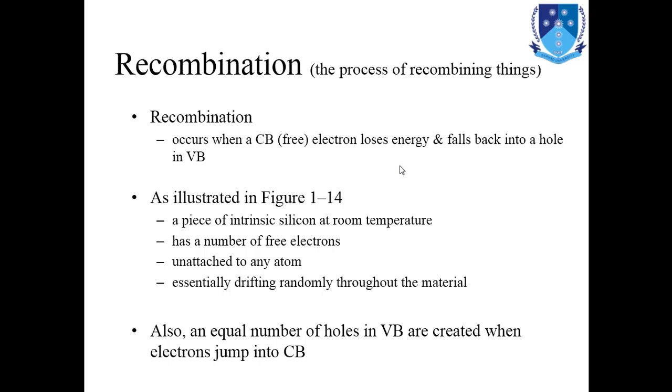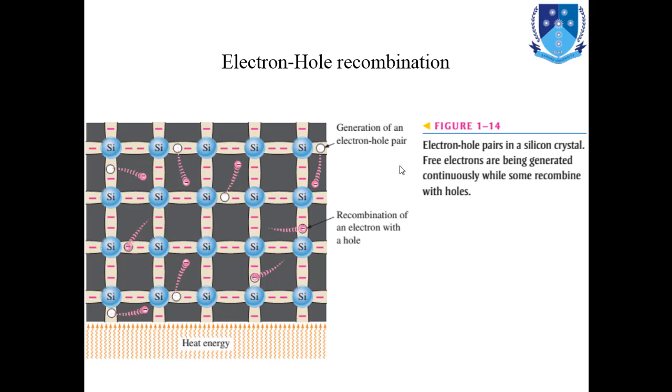Also, an equal number of holes in the valence band are created when electrons jump into the conduction band. We have already learned that when an electron of the valence band becomes a free electron, it will leave a hole behind. So the number of electrons in the conduction band and the number of holes in the valence band must be equal.